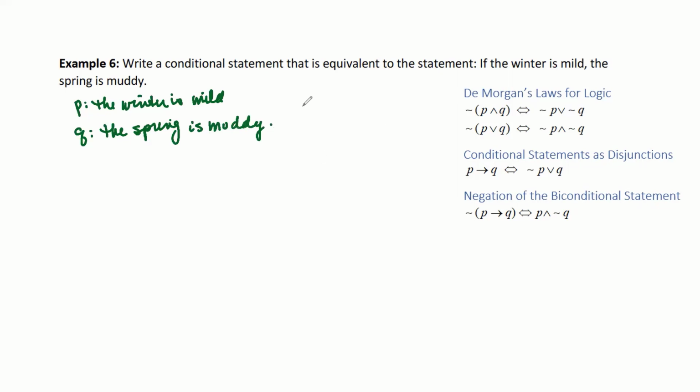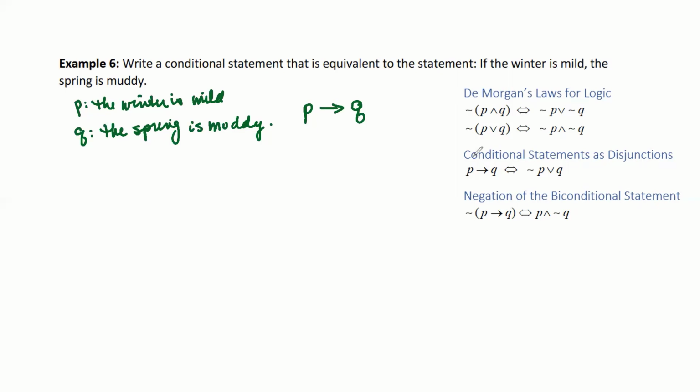And our statement would be, if the winter is mild, then the spring is muddy. So P implies Q.